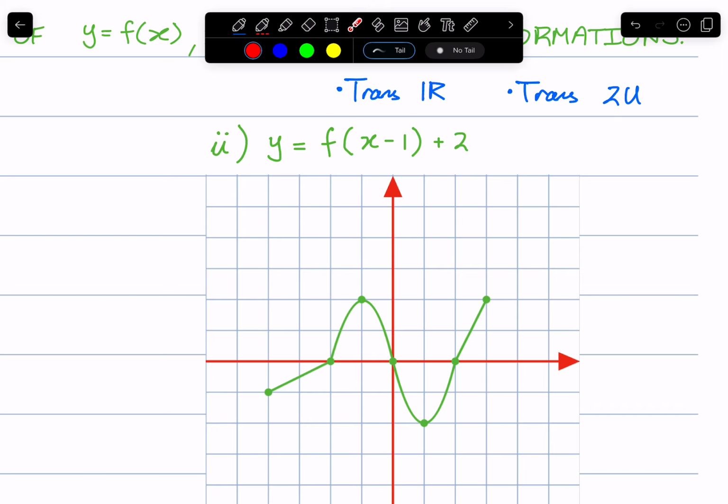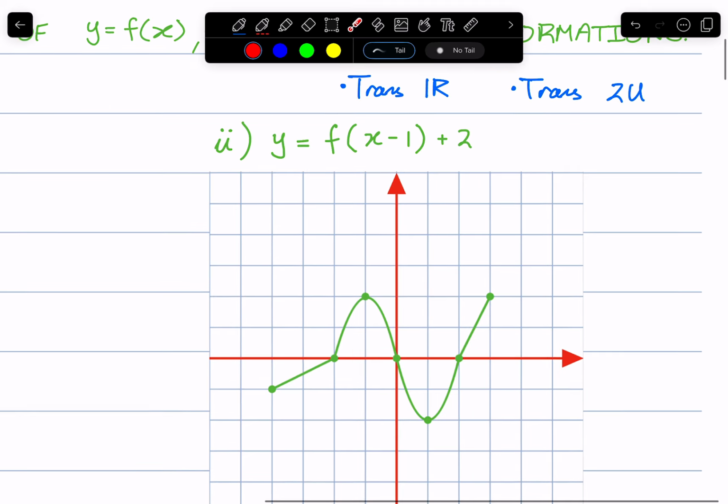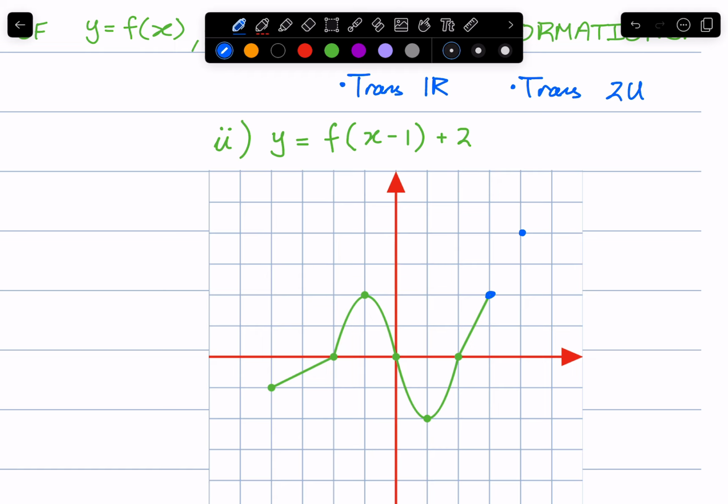So just to show you, with just 1 point, this point, if we translate 1 unit across and then 2 units up, it's no different if we move it 2 units up and then 1 unit across. So using just those critical points, the first one here, this one, 1 unit right, 2 units up. Same with this, 1 unit across, 2 units up.